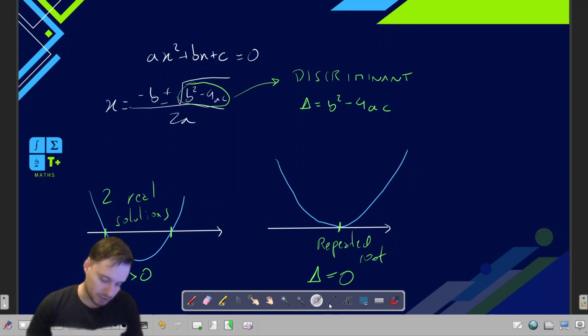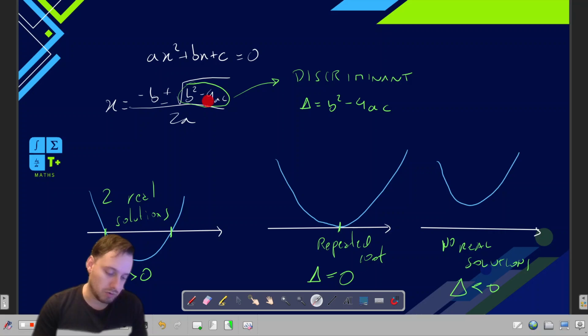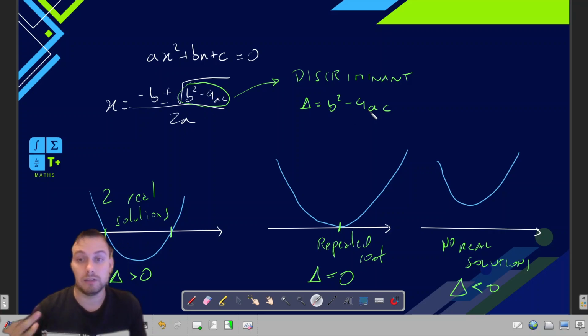And then finally, scenario number 3 is when the parabola does not meet the x-axis. In this case, there are no real solutions. This is the case when my discriminant is negative, because the square root of a negative is not a real number.